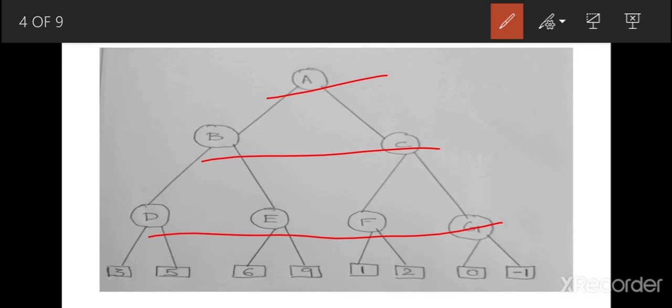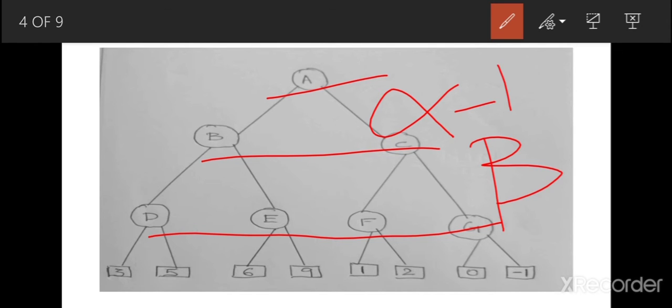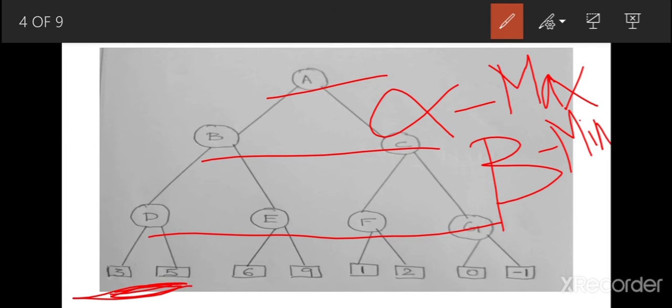This technique is achieved based upon two parameters. The first is called alpha, and the second one is called beta. Alpha is the maximizer and beta is the minimizer. The duty of alpha is to hold the maximum value from the lower nodes, and beta's property is to hold the minimum value from the lower nodes.